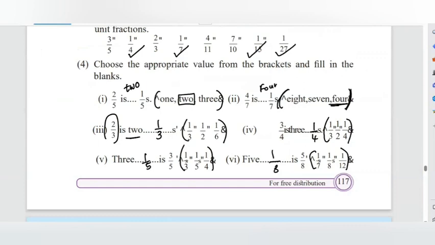Next week I will explain how we compare fractions, how we identify which fraction is larger than the other, how we express given fractions in ascending order, and also equivalent fractions.